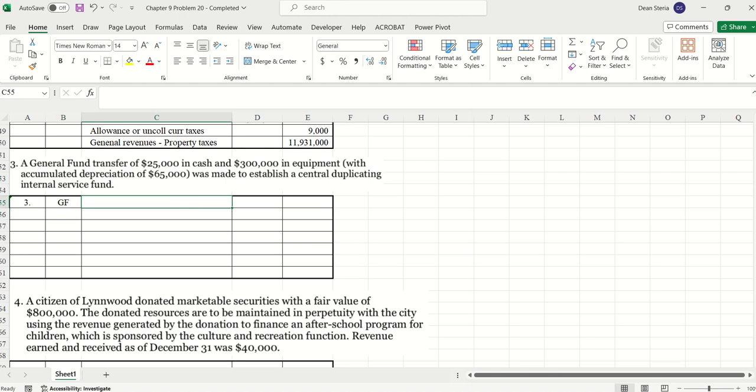Because we are going to have other financing uses, interfund transfers out.